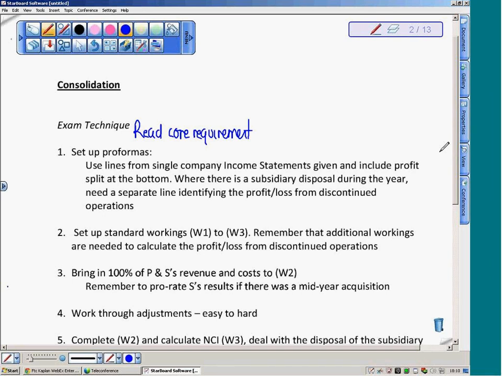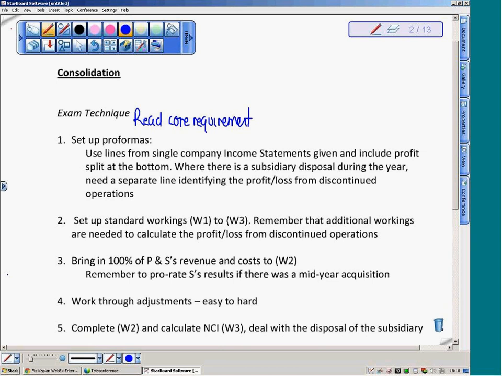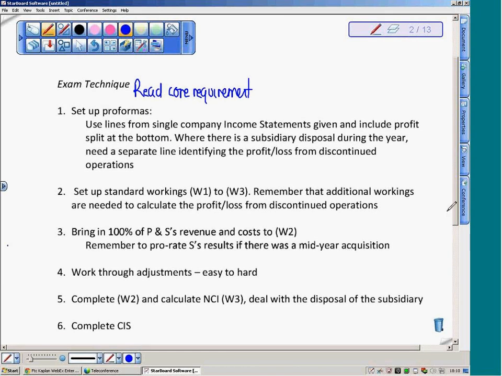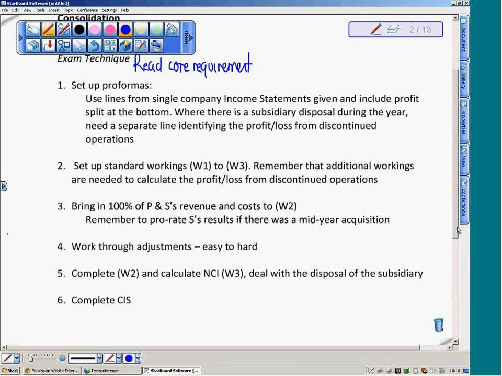In a disposals question, generally the requirement does state that the disposal of this subsidiary does constitute a discontinued operation. So you want to have that separate line that says profit or loss on discontinued operation. Okay, so you'll set up, remember that it's a group income statement, so you need to have the profit that's attributable to the parent and also to the NCI, nicely separated at the bottom.